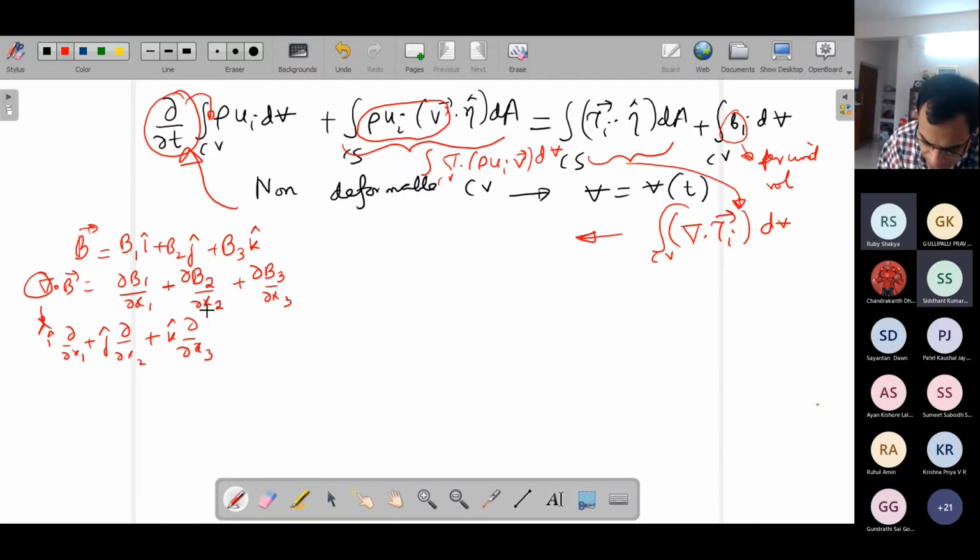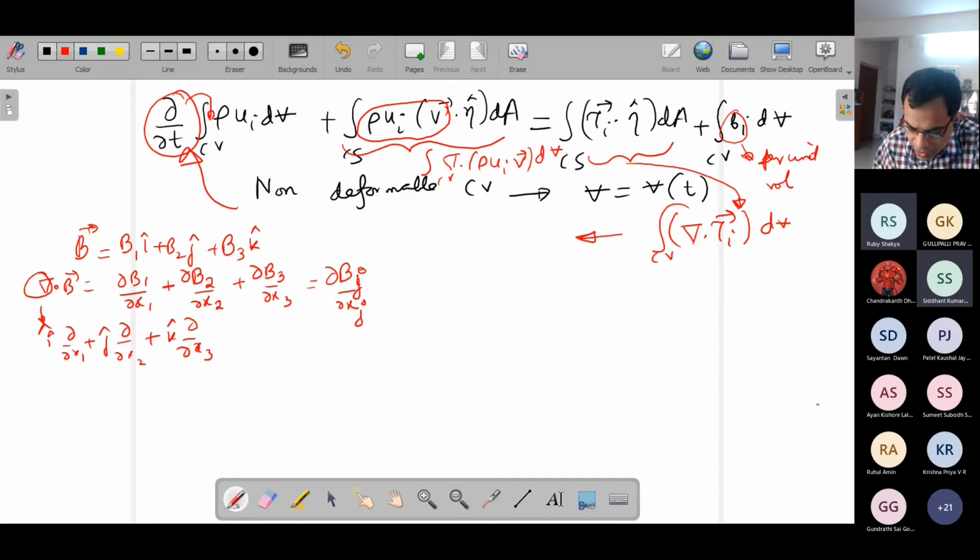From here we can see that the divergence of a vector, if the vector is v, we can write this as follows.